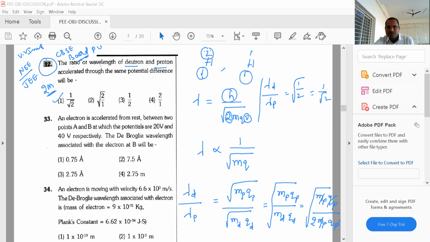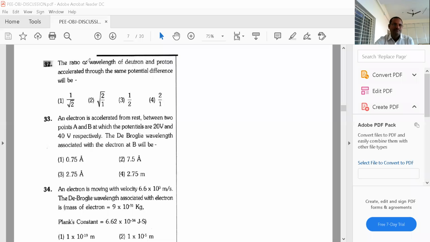Next. Question number 33. What have they given? An electron is accelerated from rest between 2 points A and B, at potentials of 20 volts and 40 volts respectively. Then the de Broglie wavelength associated with the electron. When an electron is given, then only we can write the de Broglie wavelength of electron is equal to 12.27 angstrom by root of potential difference.